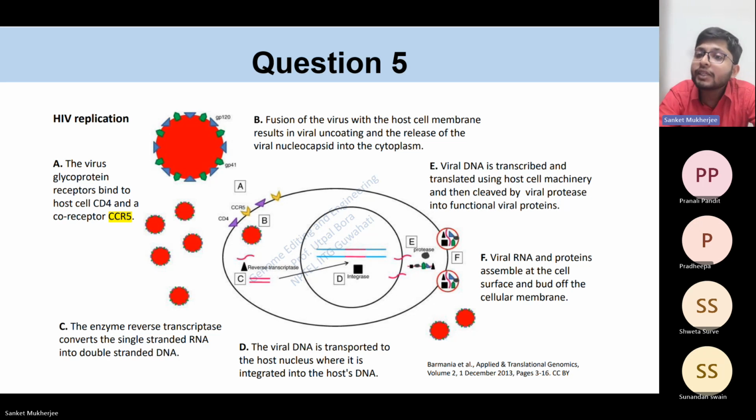That's why they do not replicate, and it provides protection against this virus. So that's the whole idea. Does everybody understand how this is working?